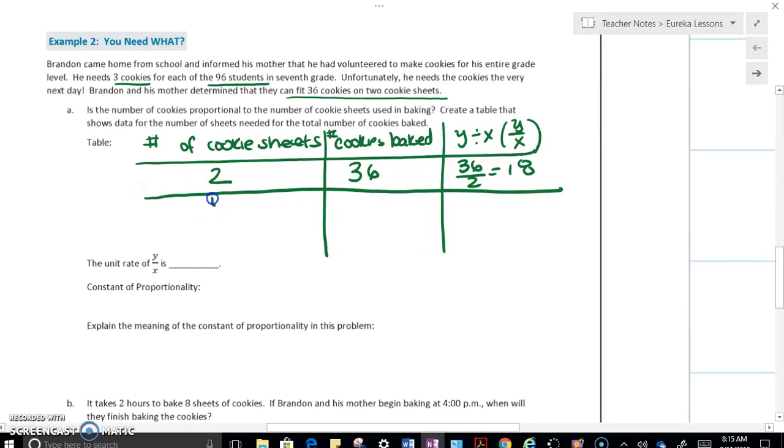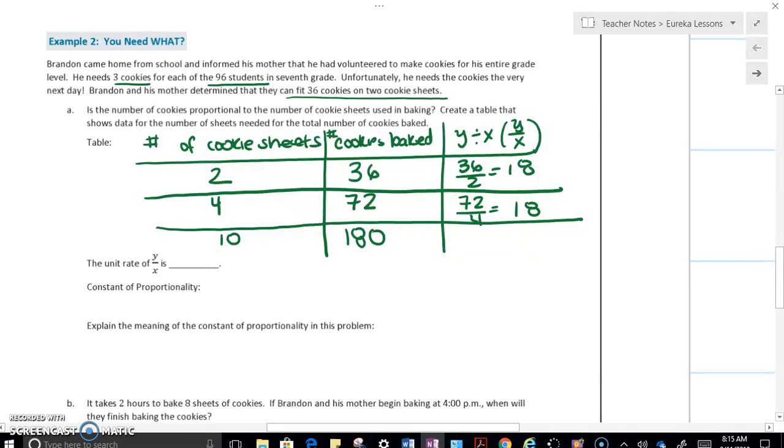All right, so if I use 4 cookie sheets, my number is going to double, add another 36. You're going to still see that you're going to have 18 per cookie sheet. And then if I go to 10, well, obviously, so far we can see there's 18 cookies per sheet, so 18 times 10 is 180. And then, once again, my unit rate.